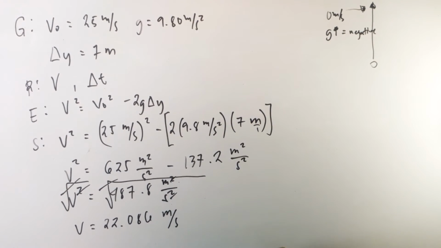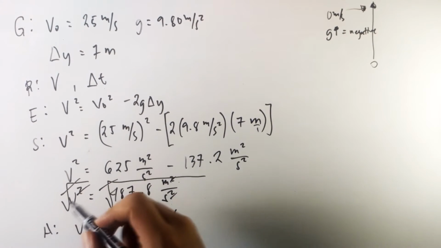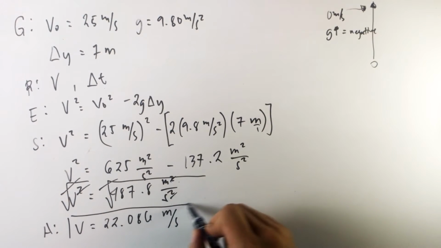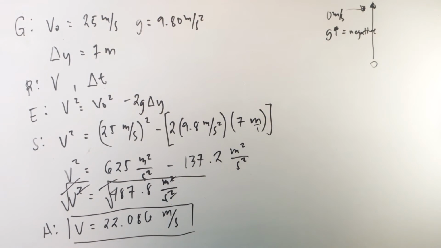You get that? So if you're going to translate this answer to a statement form: upon reaching 7 meters, the stone is moving at a velocity of 22.086 meters per second, which makes sense because it must slow down.